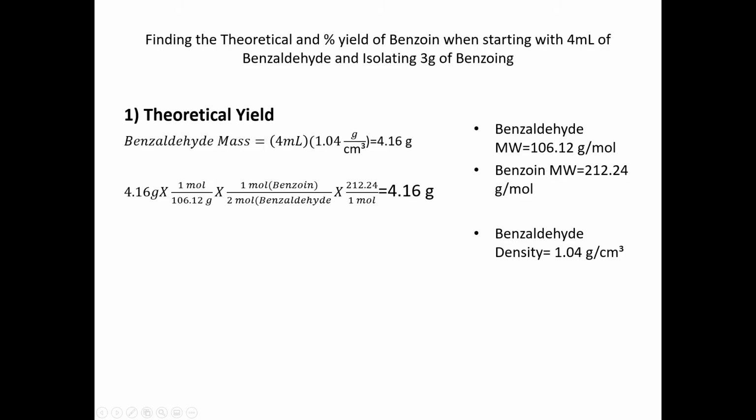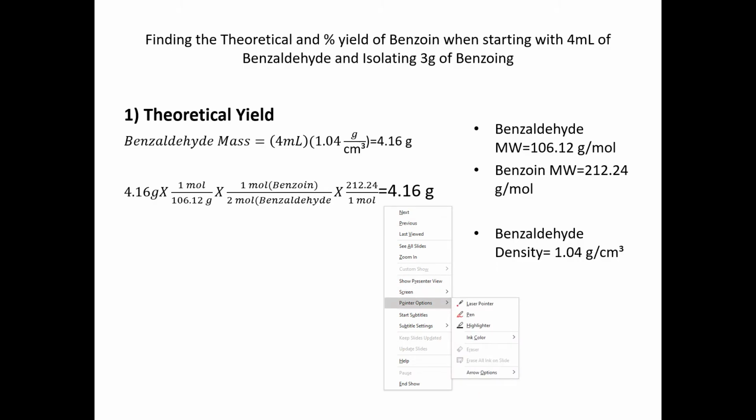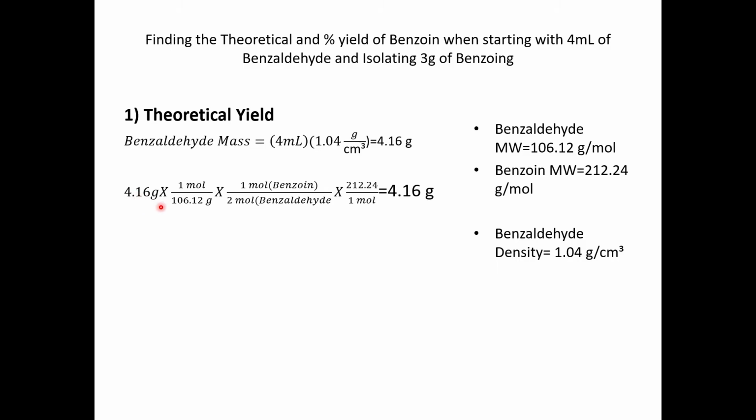So grams of benzaldehyde, moles of benzaldehyde, moles of benzaldehyde, moles of benzoin, moles of benzoin. Let me get a laser. So again, grams cancel, moles of benzaldehyde cancel, moles of benzoin, and finally what we're left with should be grams, so grams of benzoin. So this should be 4.16 grams of benzoin.